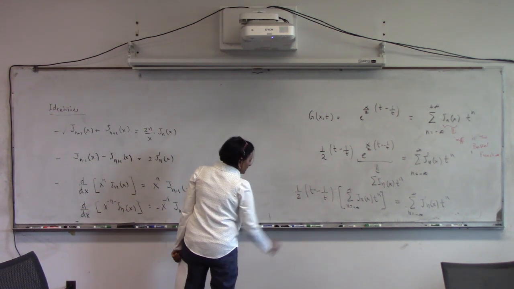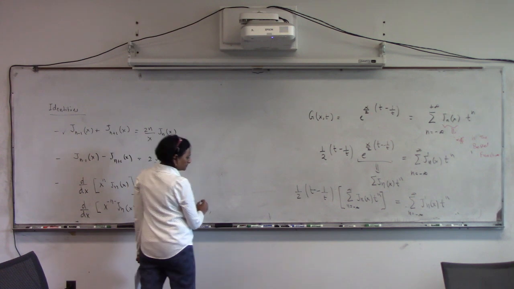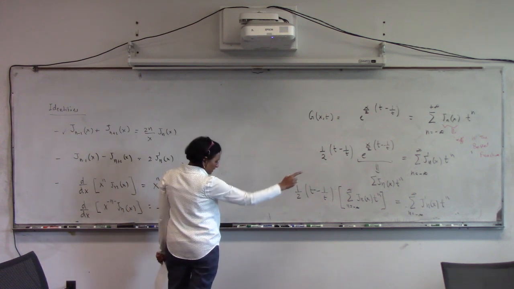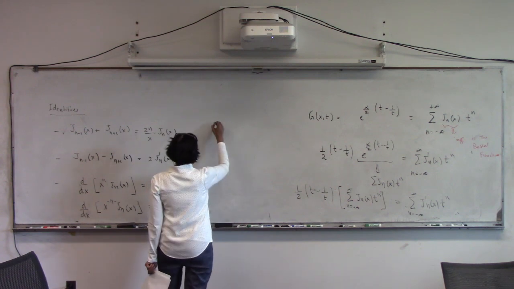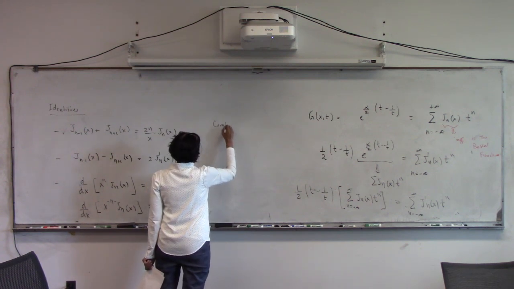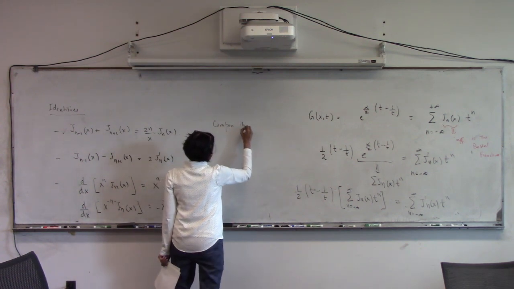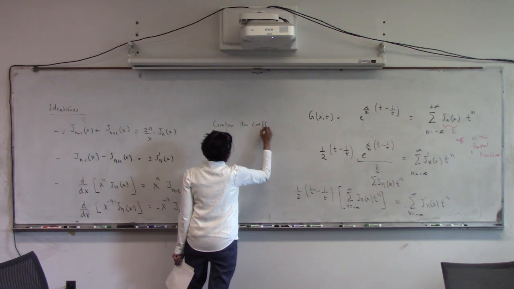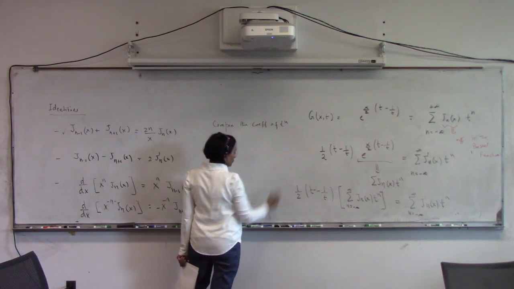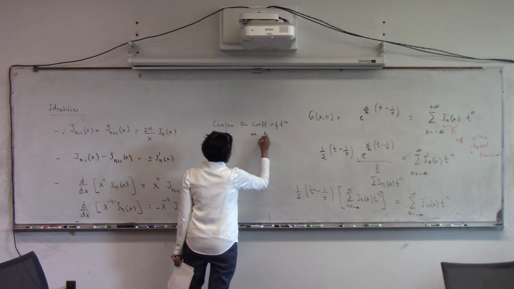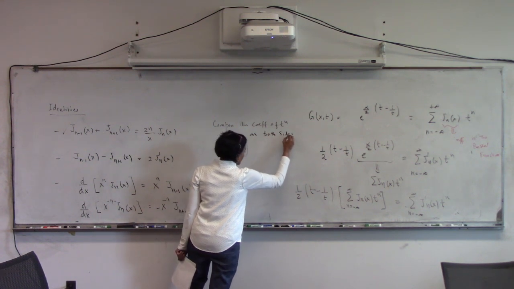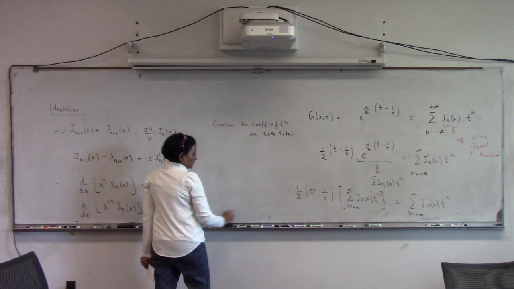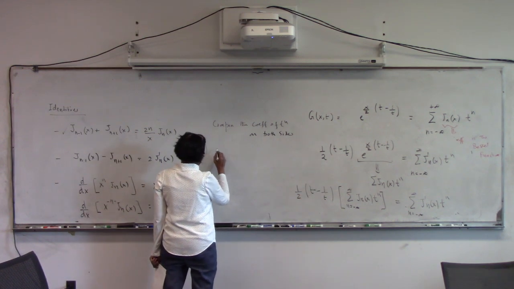All right, so I'm going to take n inside, and we can even compare the coefficient of t to the power n or something. We can do that. Compare the coefficient of t to the power n on both sides. Okay, so that will give me the first term.